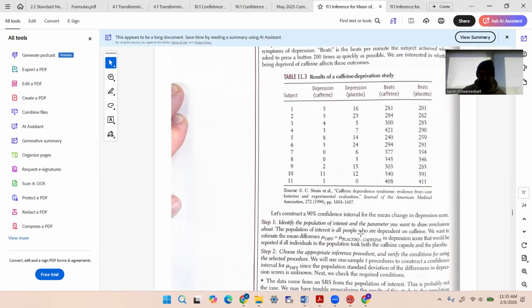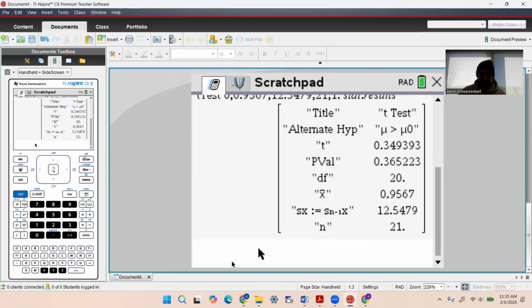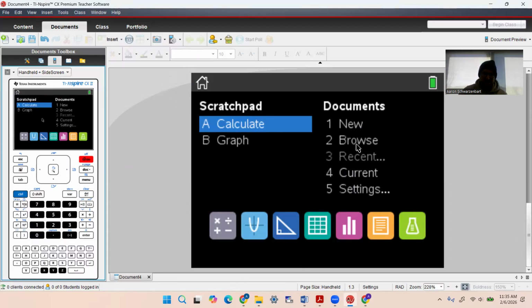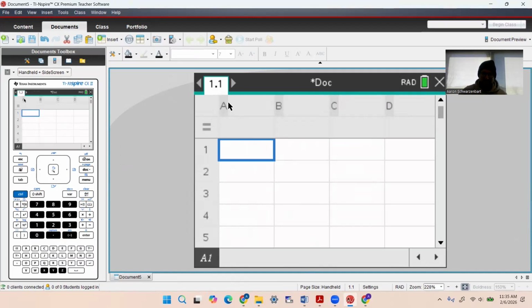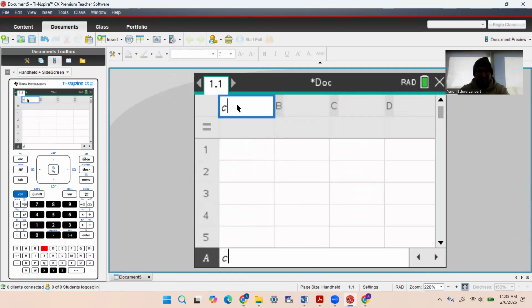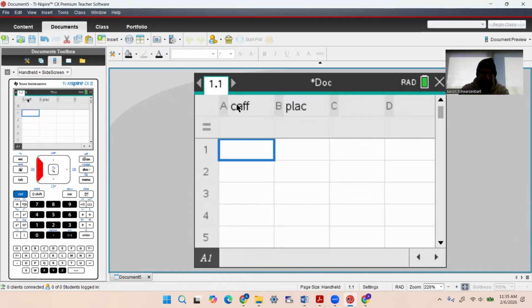So we're looking at mu difference, or mu placebo minus caffeine, and we're going to calculate a confidence interval. First thing I need to do is enter the data into two columns on the calculator. So I'm just going to start a new one. And we're going to go placebo minus caffeine.